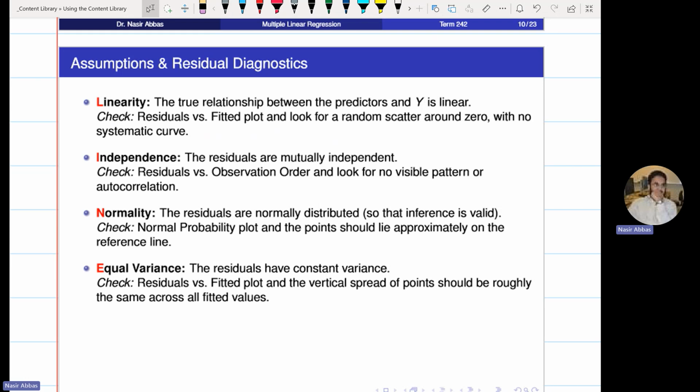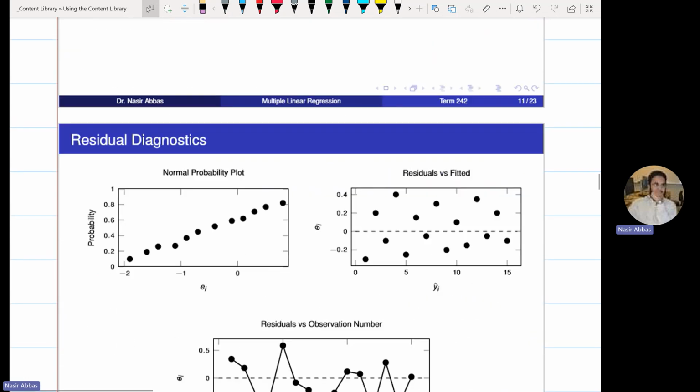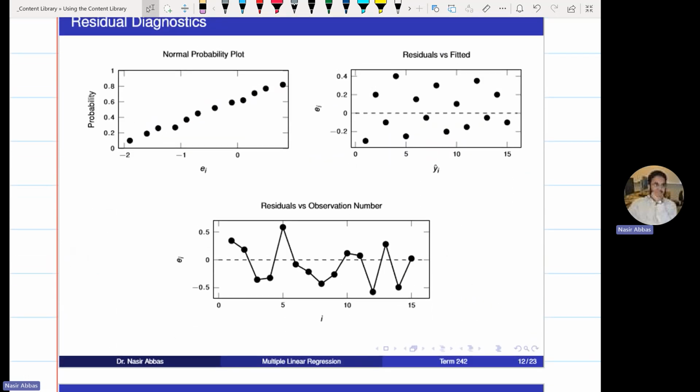For the first assumption, linearity, let me show you the 3 plots that are covered in your syllabus, but very from the surface level. The first plot is what we call normal probability plot. The name of the plot tells you it is for which assumption? Normality, of course. So what we expect from this plot is we have the points following the straight line.